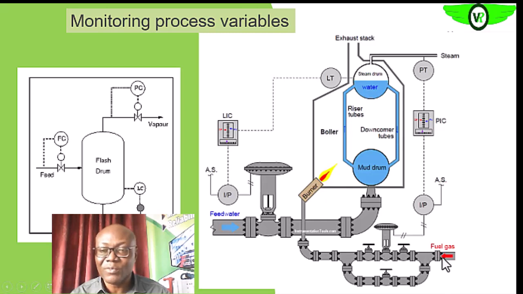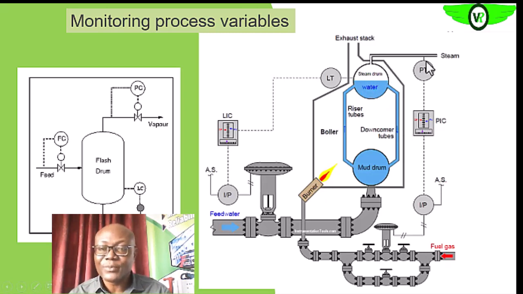As you can see, it's on the fuel line. Okay, sends signal to the fuel valve to increase the amount of fuel that is sent to the burner, to increase the amount of heat that is generated here, and then the amount of heat that is absorbed, the amount of steam that is generated will also increase, and thus the pressure of the steam will be increased.